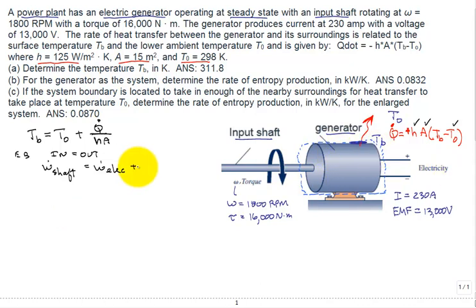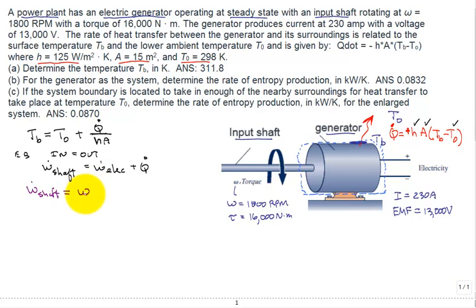But then we're going to have some waste in this heat transfer to the surroundings. So we go back to first principles to calculate the power that's coming into the generator by that shaft. And it's the product of the rotational speed, omega, times the torque, tau.